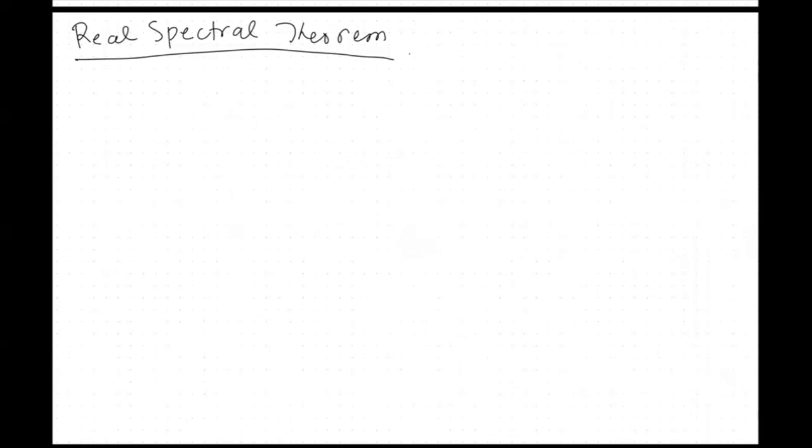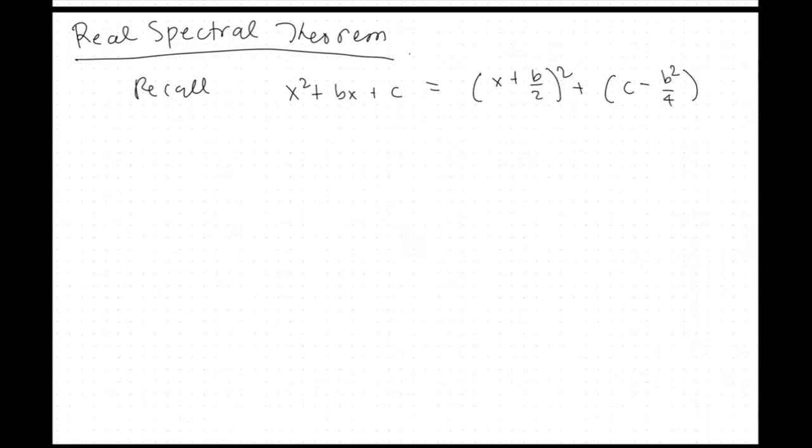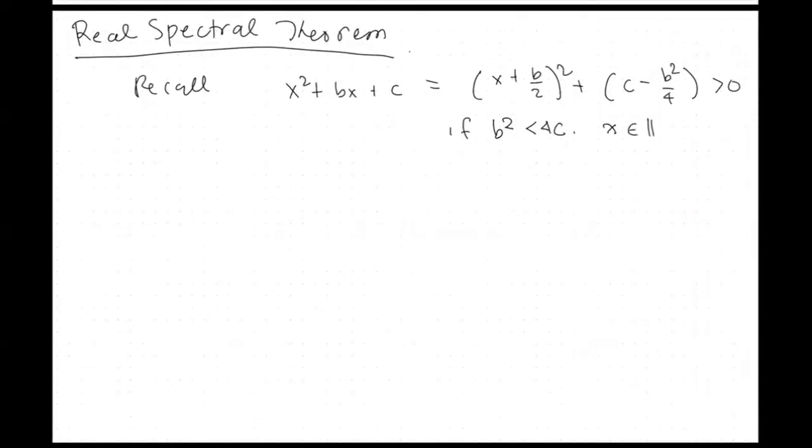You recall that if you get x squared plus bx plus c, this is equal to x plus b over 2 squared plus c minus b squared over 4. This is greater than 0 if b squared is less than 4c. And here x is a real number.